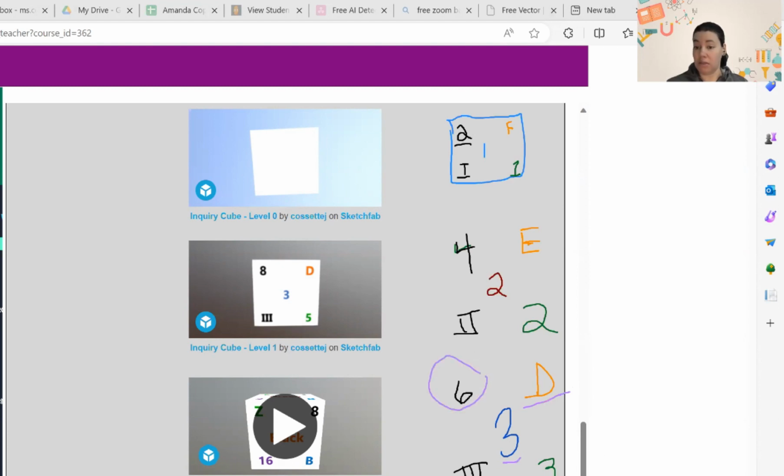Wasn't right on these. Okay, so I got an 8 here instead. And then I got a green 5 here. Okay.